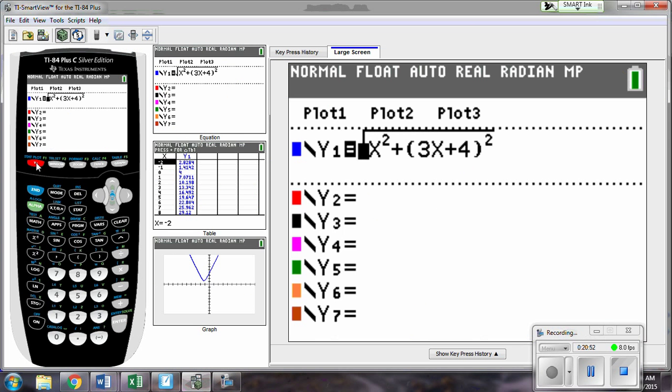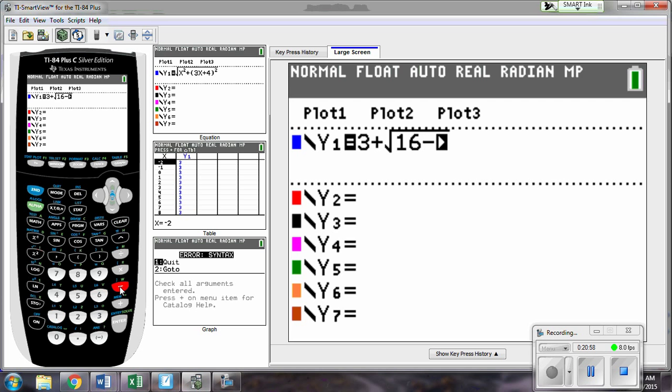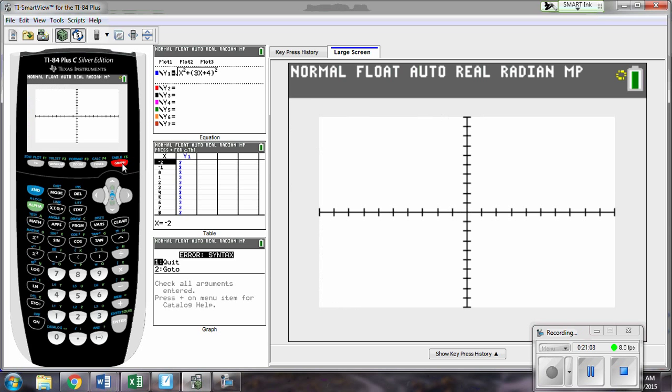Okay, clear that out. 3 plus square root of 16 minus x, was x plus 2, wasn't it? X plus 2 squared, and we can graph it in our standard window. And we don't get to see a whole lot.